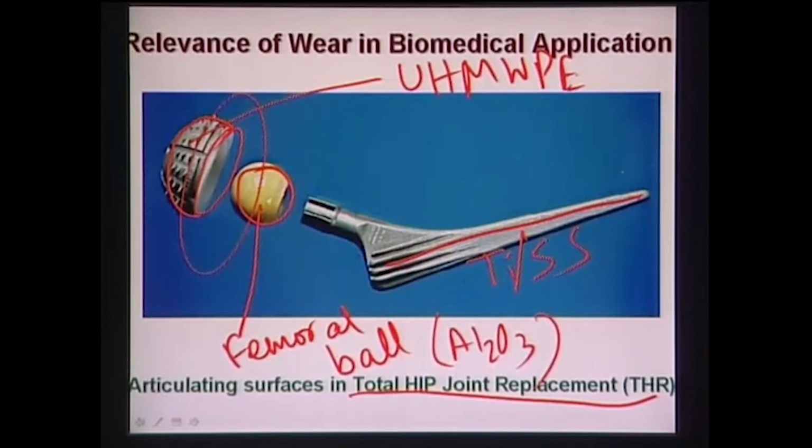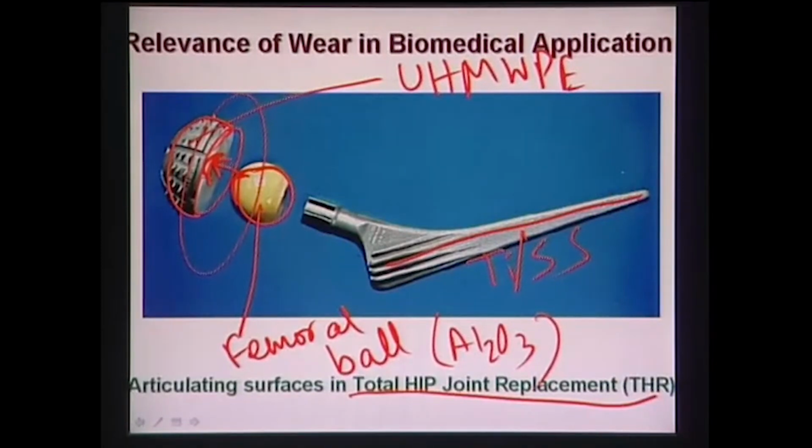But what I am trying to focus on here is that the wear takes place primarily here, because this ball has to be fitted inside the acetabular cup, and during human motion, the ball and the acetabular cup surface will always make some kind of reciprocatory motion or fretting kind of conditions.